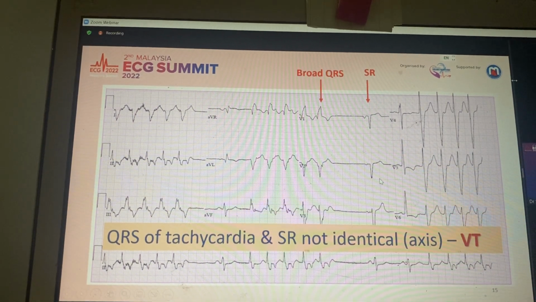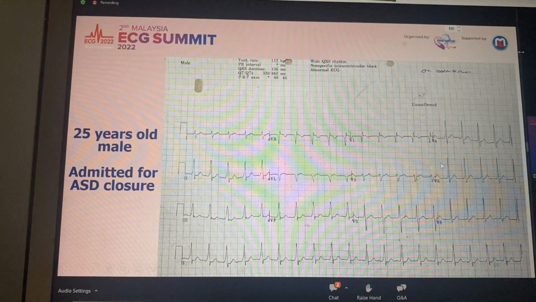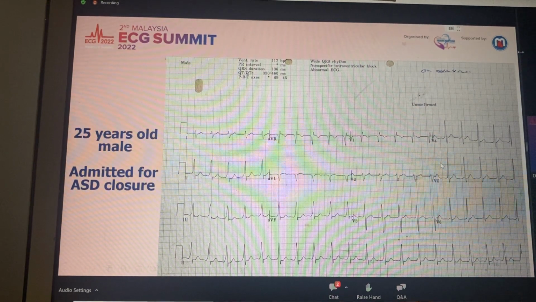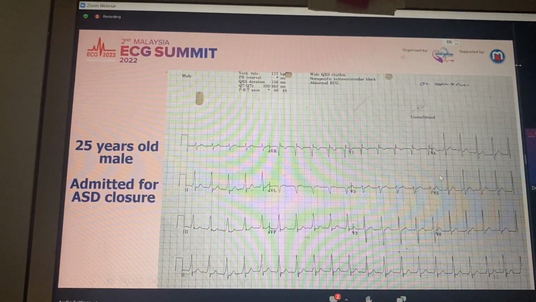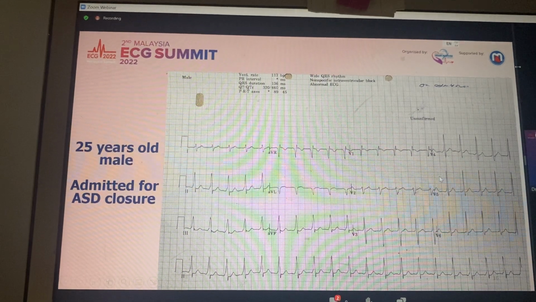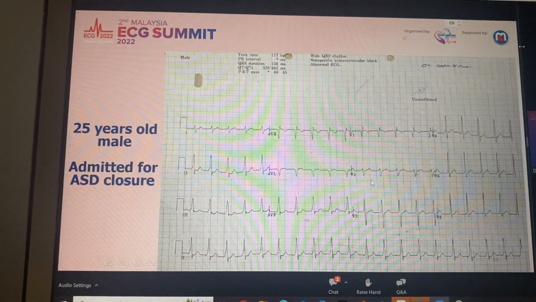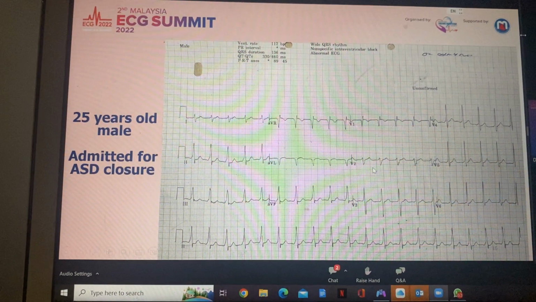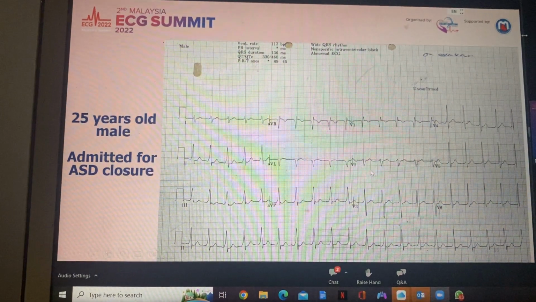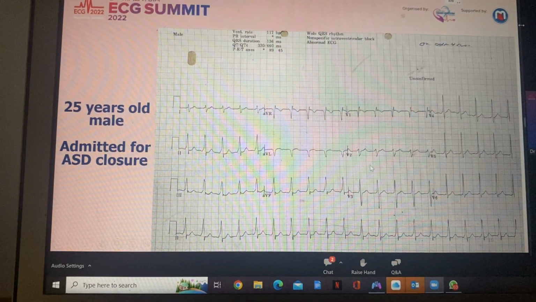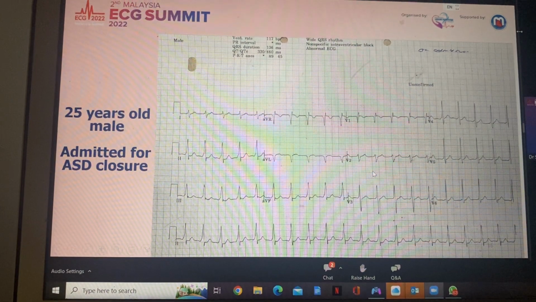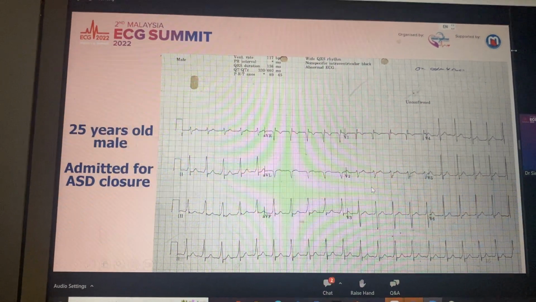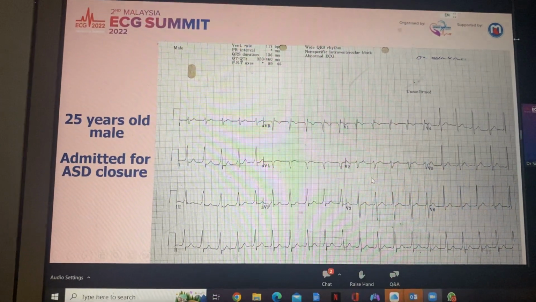Okay, another patient that I want to show you is a 25 year old patient, admitted for ASD closure, and fortunate or unfortunate, the nurse noticed the patient became very tachy in the ward while waiting for the ASD closure the next day.